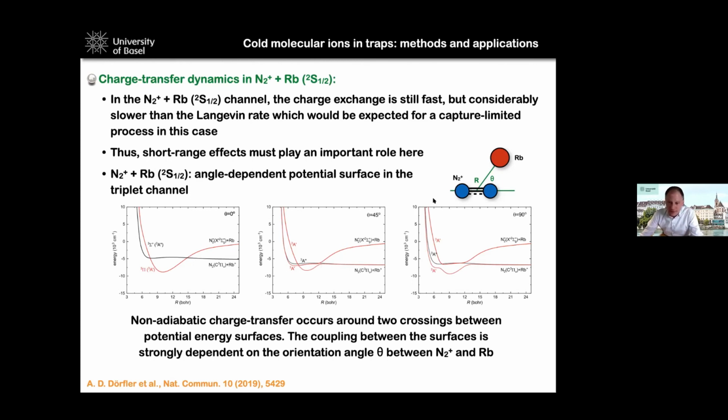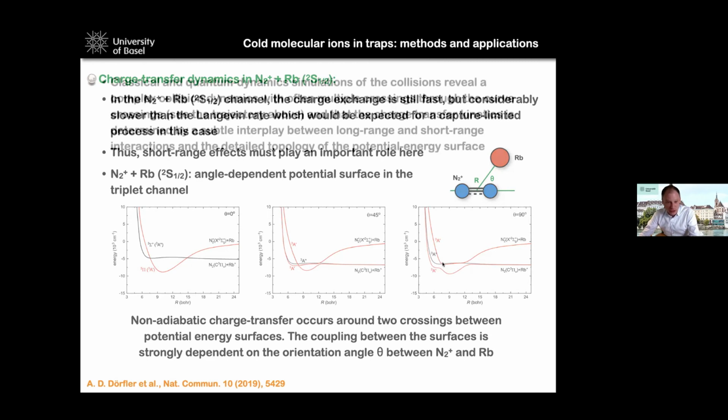However, what becomes important here compared to the atomic collision system is now that we also have an orientation dependence, right? Namely, how the rubidium atom is oriented with respect to the nitrogen molecule when the two approach one another. And one can see that the couplings between these curves is strongly dependent on the orientation angle between the two collision partners.